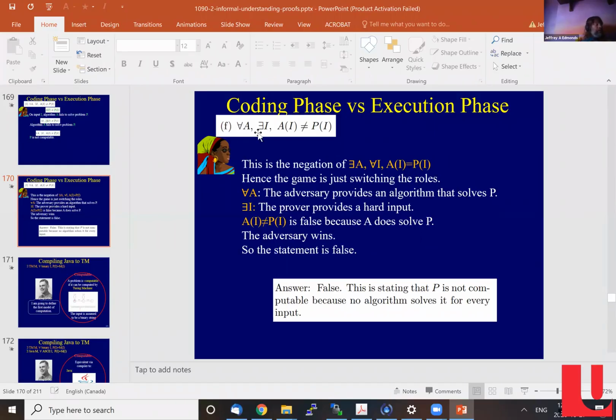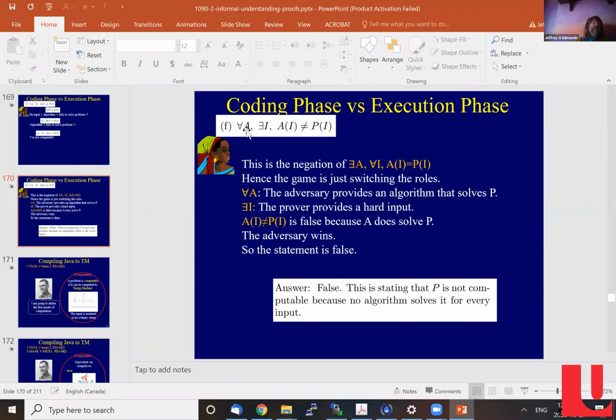The white one says every algorithm fails on some input. So if every algorithm fails on some input, doesn't that mean there's also some input that the algorithm works on? There might be. That's what I said.